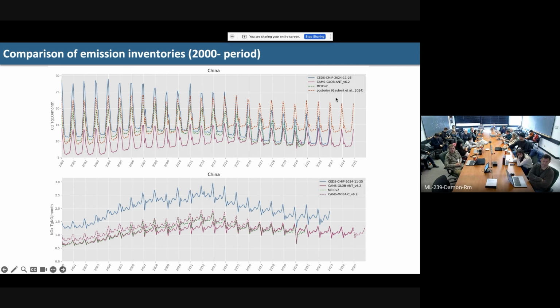So this one is a bit more complex because we also have the Chinese emissions in green, and then the blue here is the CAMS emissions, again higher in the first decade, and then actually a pretty strong decrease in the second decade from 2010 to 2020, which is quite in line with the Chinese inventory, but the Chinese inventory is quite low during the first decade.